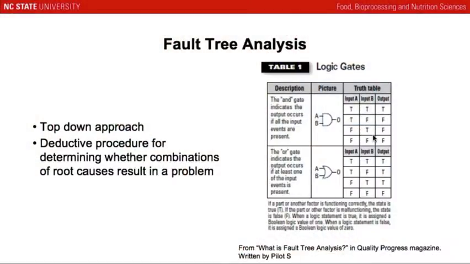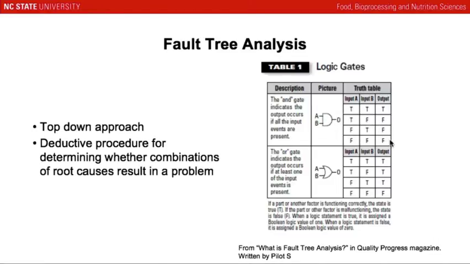That's what these pictures are for. In this case, if input A and input B are true, then the output is true. If input A is true, but input B is false, then the entire output is false. Same thing, if input A is false and input B is true, then the output is false.